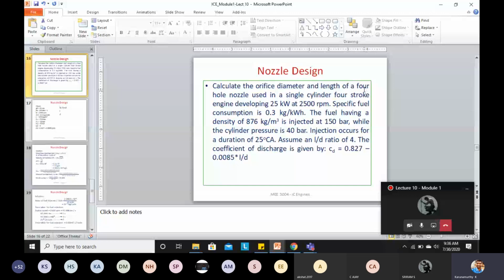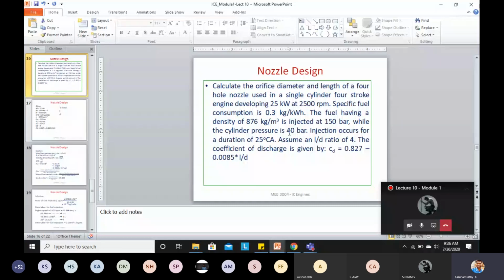In this nozzle there are 4 orifices, 4 holes, and the number of cylinders is only one, a single cylinder 4-stroke engine, and the brake power output from the engine is 25 kilowatt, operating at a speed of 2500 RPM.